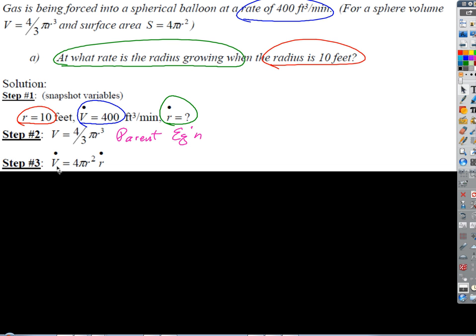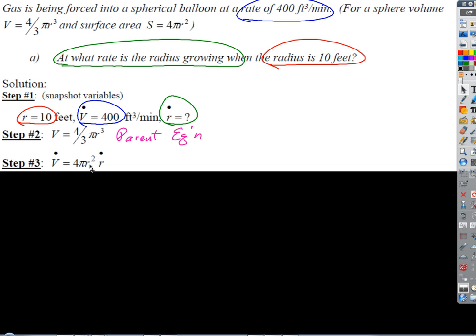So I can take the 3 times the 4/3, which cancels the 3 on the bottom, and I just get a 4 pi. Then there's my r squared. But then if I look inside, what's behind my hand is actually an r. The derivative of r with respect to t is dr/dt, or r dot. Okay, make sense? So now we've related the rates, all right?